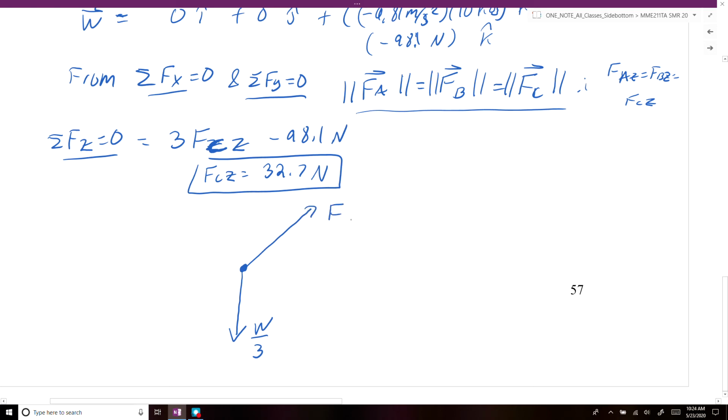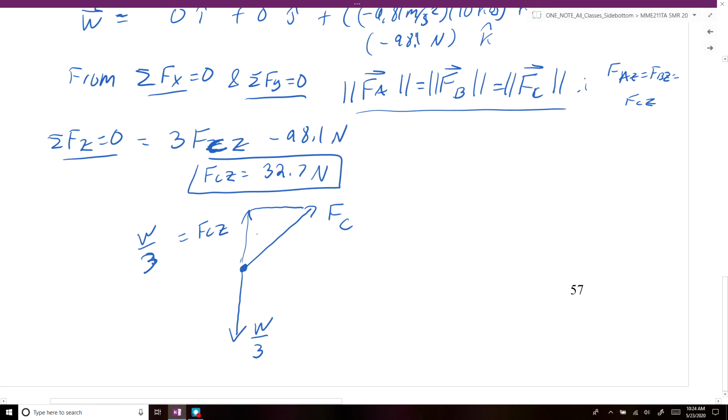So this is going to be FOC, or I should say FC. We know that FCZ is equal to W over 3.